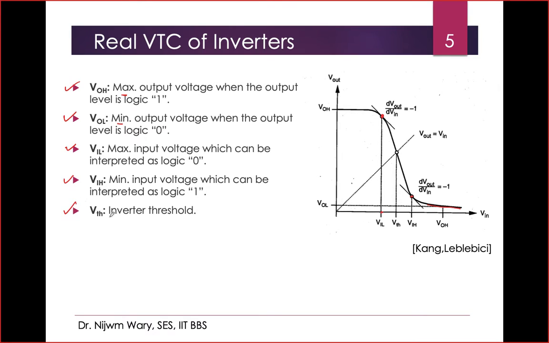And VTH is again the inverter threshold, which we have discussed earlier. How do we define this point? VTH is the point where Vout is equal to Vin. So this is the threshold of an inverter, the point where my input and output are equal.